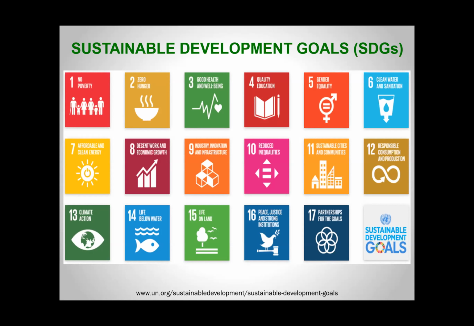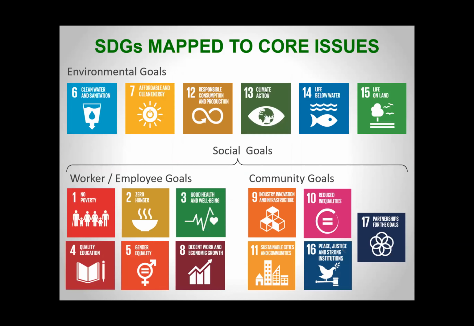So what we can do with these, and they're numbered and colored in an interesting way, we can regroup them around the clusters that we looked at before. Some of them have to do with environmental kinds of things: water, energy, responsible consumption and production, which gets into materials and circularity of those materials, climate action, which gets into emissions, life below water, which gets into biodiversity, it gets into encroachment, and life on land, which is also important.